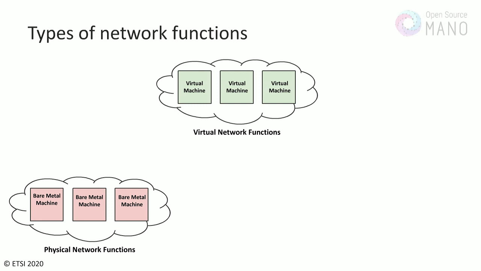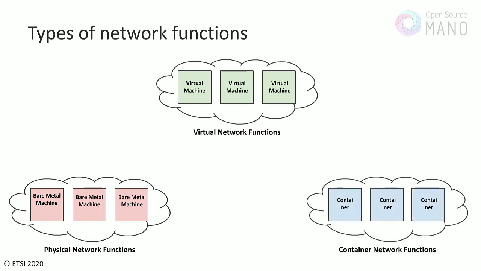At the moment, OSM does not provide support for this kind of plugins, but features like that may come in the nearby future. And we have container network functions, which are running inside of containers being managed by some container orchestration platforms like Kubernetes.